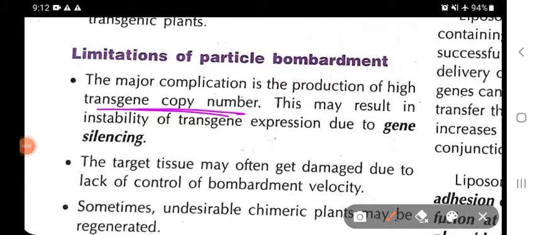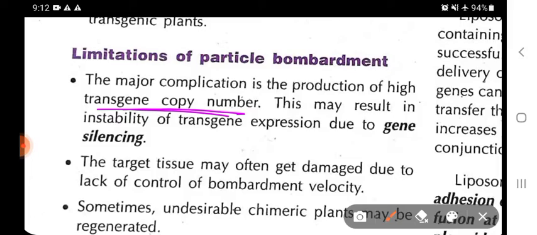If we introduce too much DNA coated on the microparticles and allow particle bombardment, the introduction of too much DNA into the target plant or animal cell results in instability of transgene expression. It may lead to gene silencing or rearrangement of the transgene.